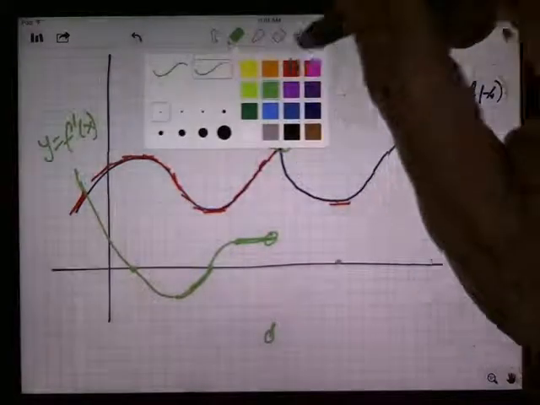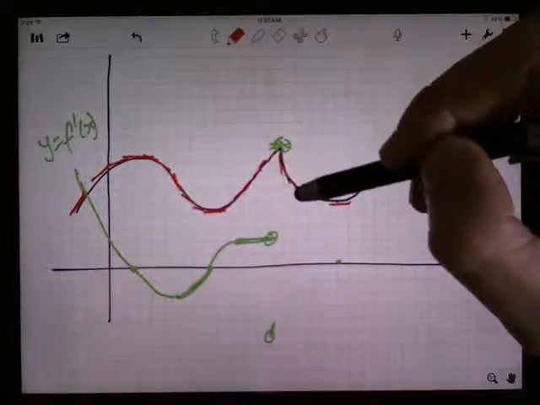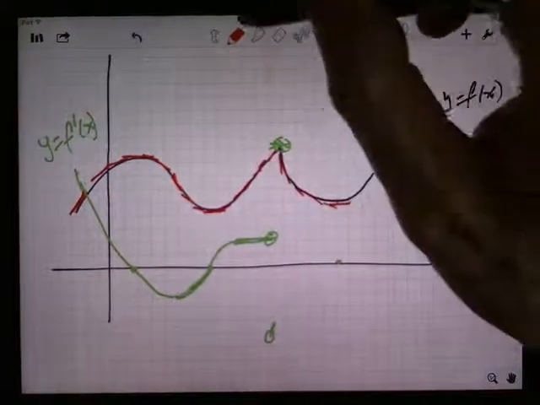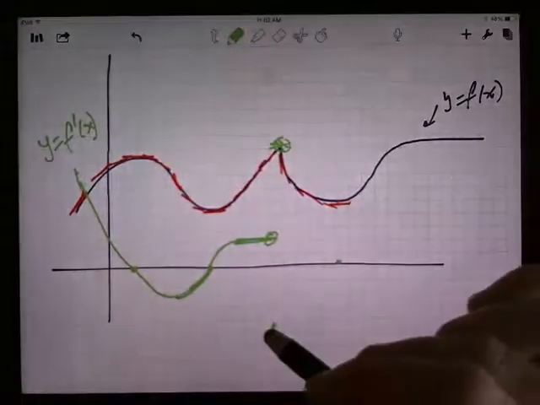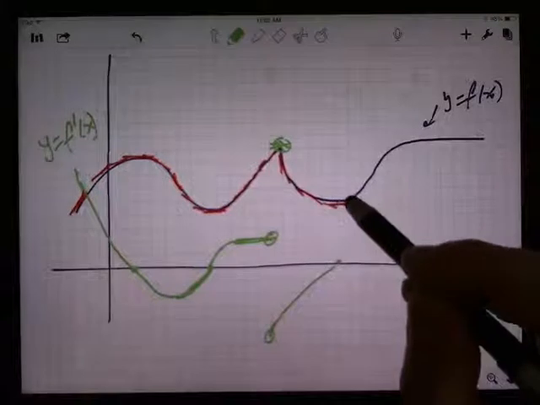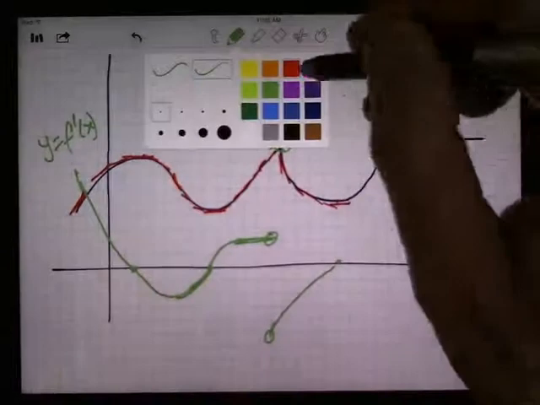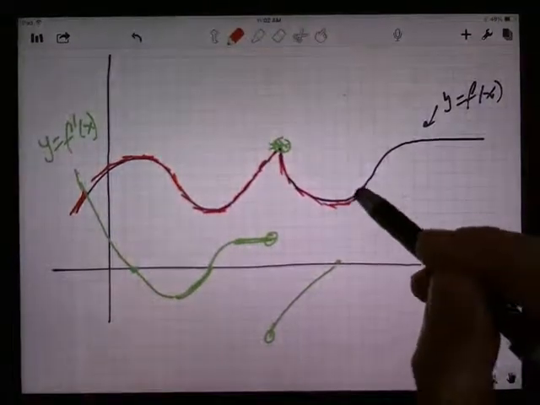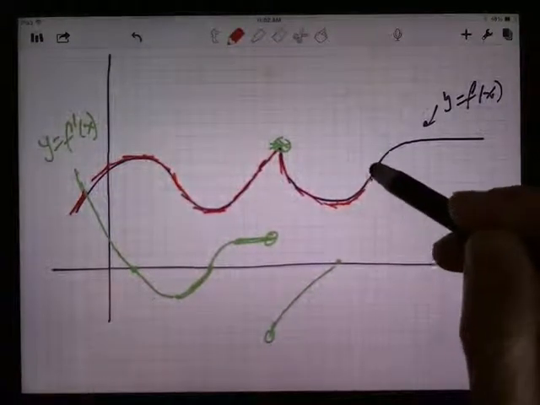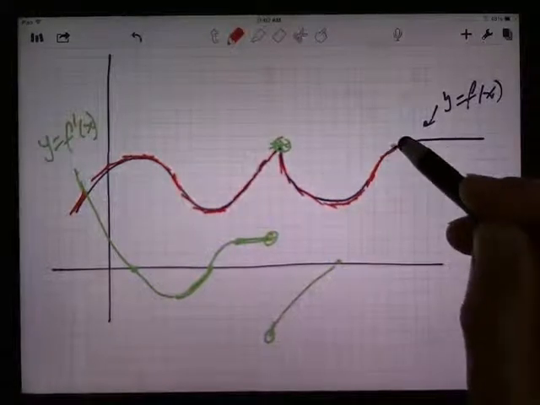Then I'm looking at some really steep negative slopes getting closer and closer to 0. So the derivative has to be really big negative and then coming into 0. Then I see some positive slopes getting bigger and bigger. There's a spot here where you're as steep uphill as possible, and then it starts to get less again.